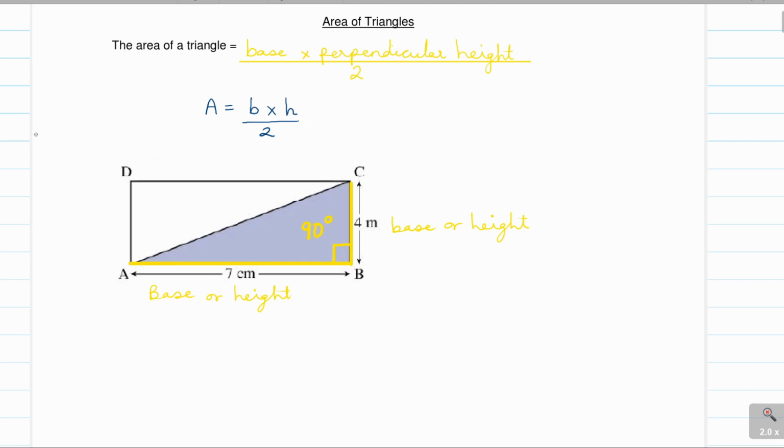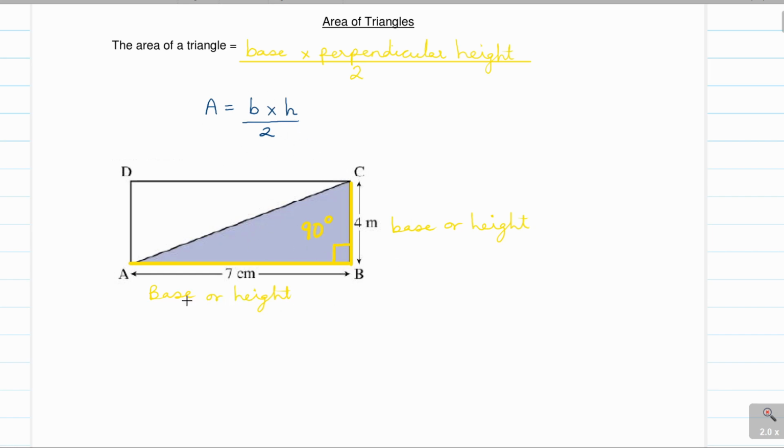And if I were to just multiply base by height, what would I get? Look at the shape, the entire shape. If I were to multiply just the base by the height, I would actually be getting the area of this entire rectangle, right? So, when we divide by 2, we're actually getting this triangle, what we want, this shaded part. So that's why we divide by 2.